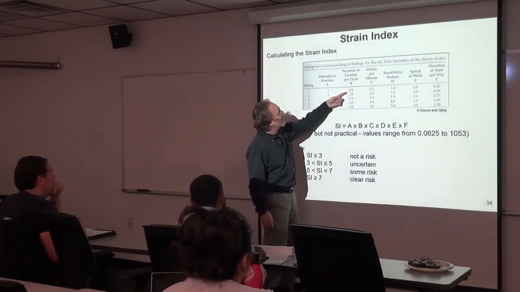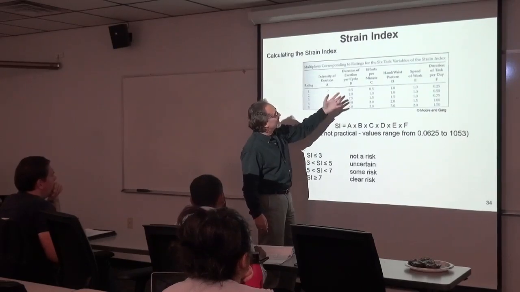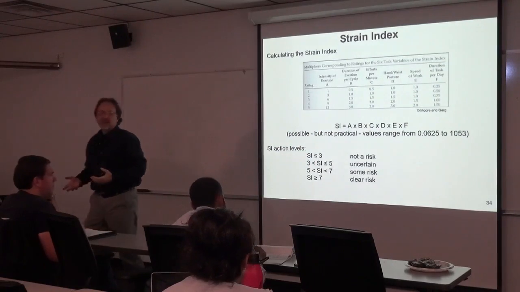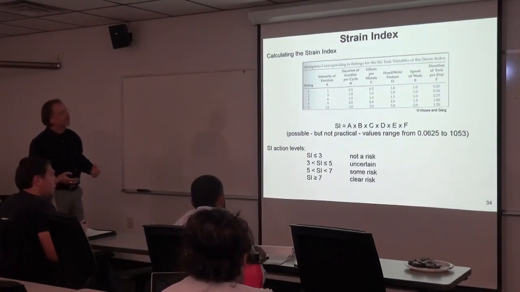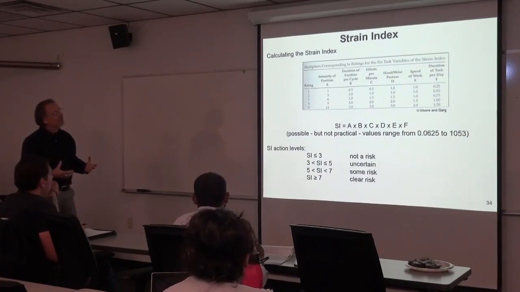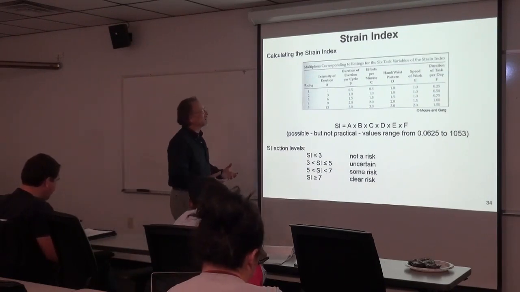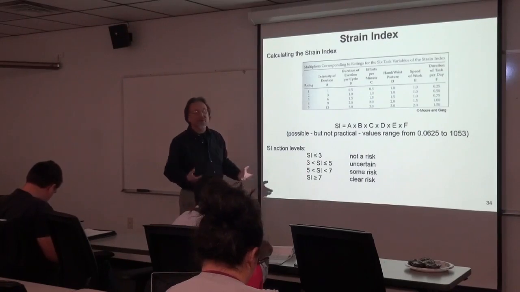And here it looks like a half, a half, a half, a half, 1. And so on. I mean, they don't follow any real mathematical progression. It seems like what the authors of this did was judge how much it should add to the final total, depending on the amount of strain. And then they adjusted their categories accordingly.